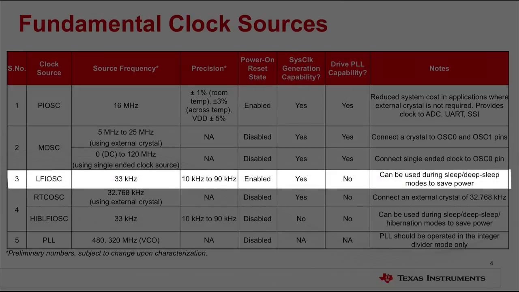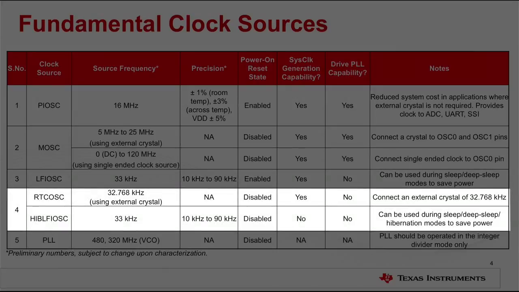In order to clock the peripherals at a much slower clock rate in order to reduce overall power consumption, a low-frequency internal oscillator is also available. It is enabled by default on power on reset. Keep in mind that it cannot drive the PLL, but it can generate a usable system clock.